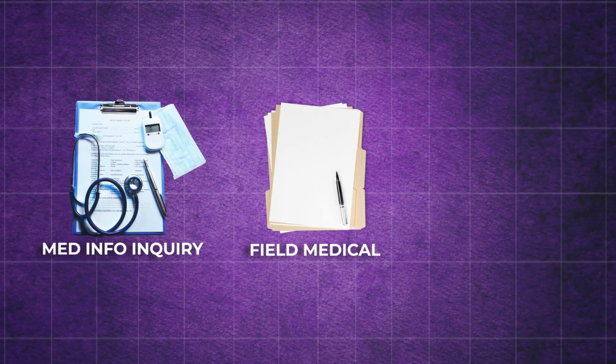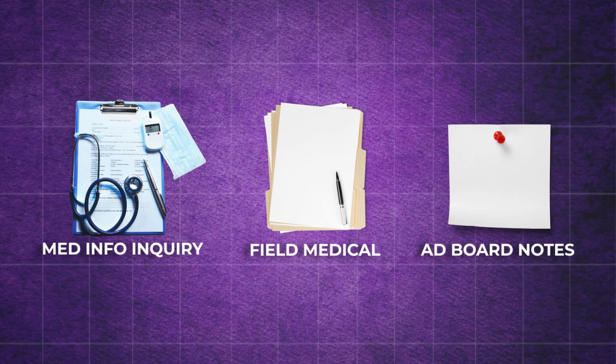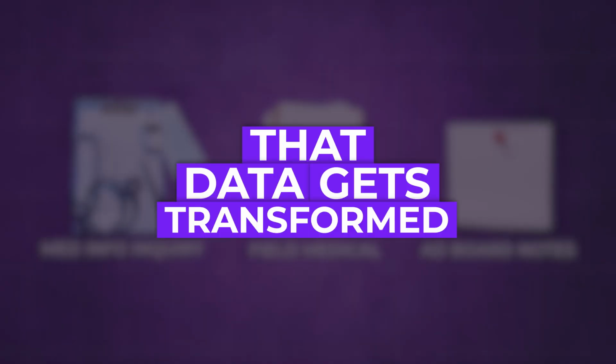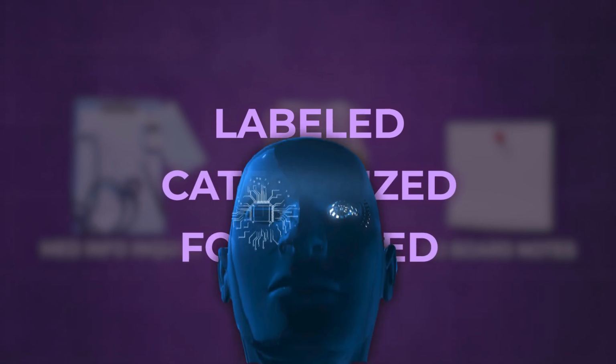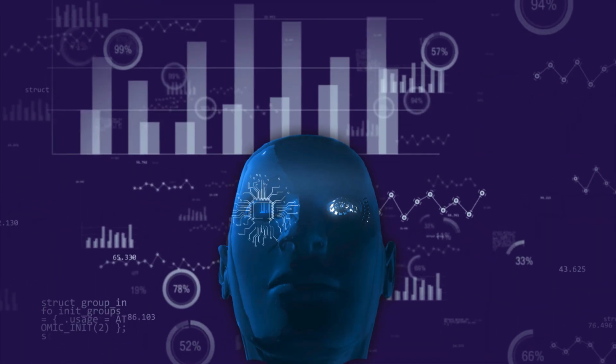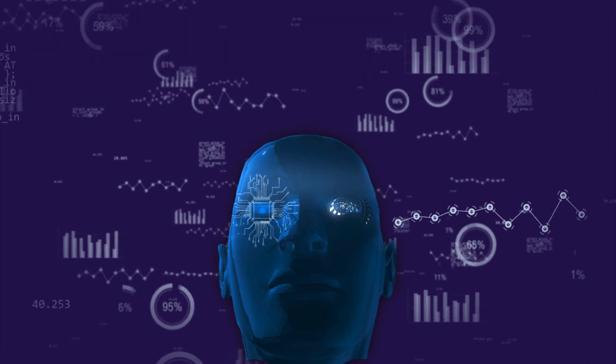So step number one, you want to make sure that free text data you have, whether it's a med info inquiry, whether it is field medical, whether it is your ad board notes, first, you want to make sure that data gets transformed. That could mean labeled, categorized, formatted in such a way to make it easy for AI to analyze.